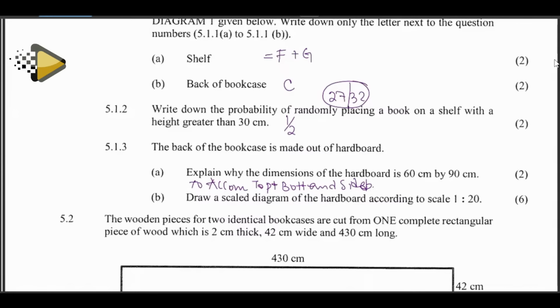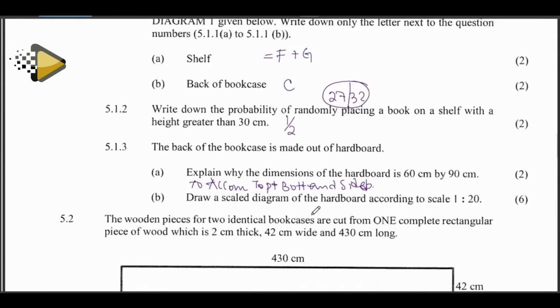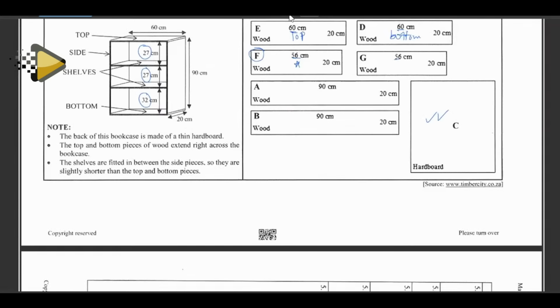of the bookcase. Draw a scale diagram of the hard body according to the scale. Here what you had to do is to change those measurements using this scale here, right? So the hard body, when you see it, says 90 by 60. What we're going to do is change the 60, because the scale is 1:20.